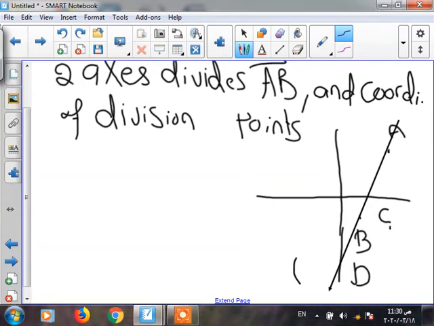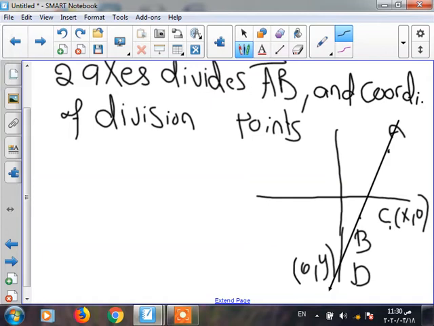It's the first time to ask about the ratio in senior 1. C is going to be (x, 0). What about D? It's going to be (0, y). So here we just need to have one value and here one value to get the points. But before that, he's asking about the ratio.